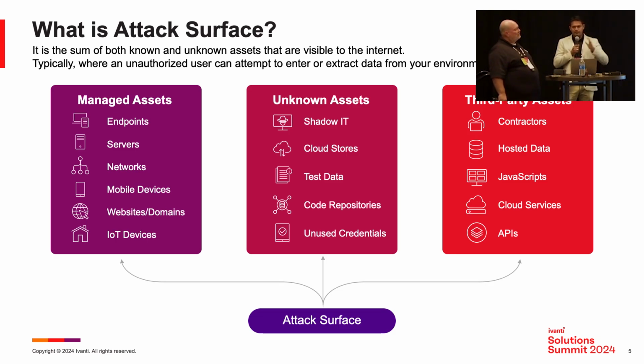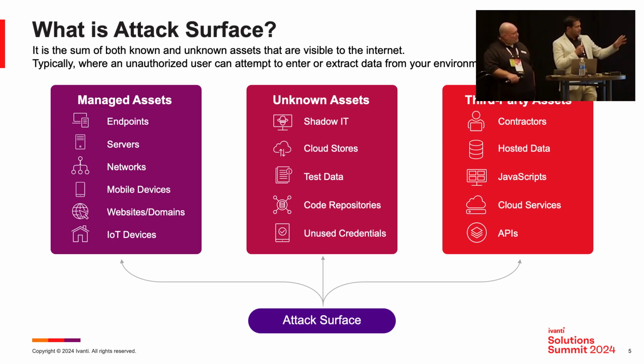So all the assets that you have can be broadly classified into three categories. The one on the left is your managed assets that you're aware of, including your endpoints, servers, network, IoT devices, and all that. The one on the right is your third-party assets, belonging to your third-party vendors. You are probably aware of it, but do not really have too much control over those.